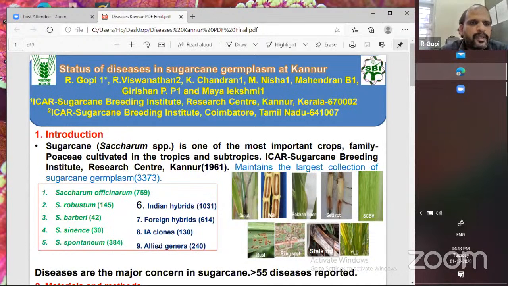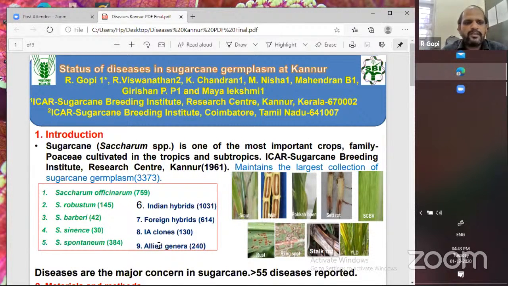Now I am going to present my poster topic, status of diseases in sugarcane germplasm at Kannur. Sugarcane is one of the most important crops belonging to the family Poaceae, cultivated in both tropics and subtropics of the world. ICAR Sugarcane Breeding Institute Research Centre, Kannur, established in 1961, maintains the largest collection of germplasm. More than 3,373 accessions are maintained here.